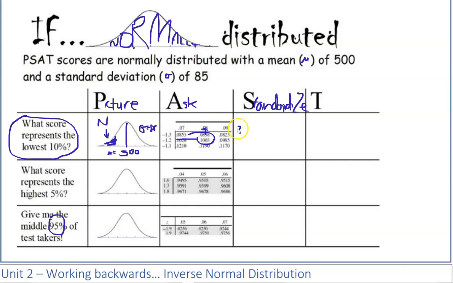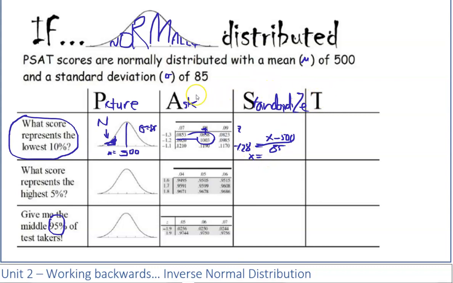And we would say the z, that negative 1.28, but I'm going to show you a different way, would be equal to, we don't know what score, but we'd like to know with a mean of 500 and a standard deviation of 85. And it's not impossible. In fact, it's very doable. You could then solve for x, and you could find out what score represents the lowest 10%. Okay, so that's the idea.